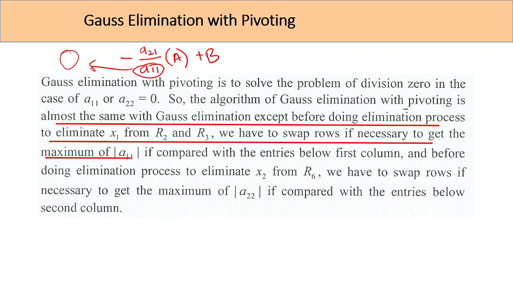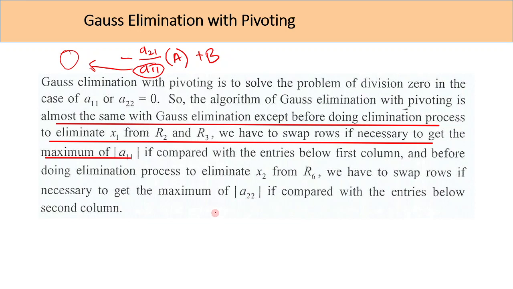When I say absolute, we ignore the sign, so either positive or negative, all become positive, compared with the entries below in the first column. Before eliminating x2 from R3, we have to swap rows if necessary to get the maximum A22 compared with the entries below.